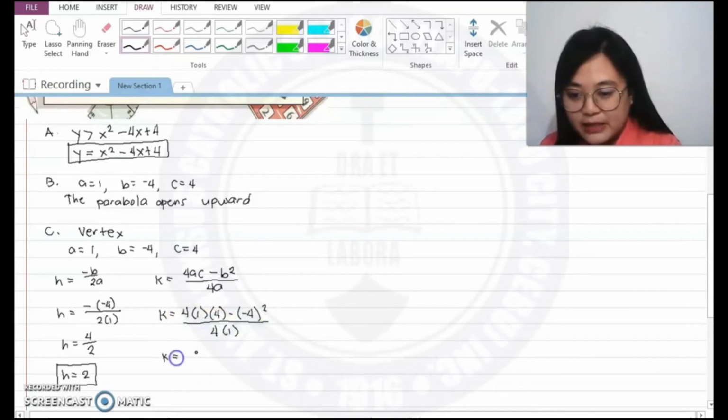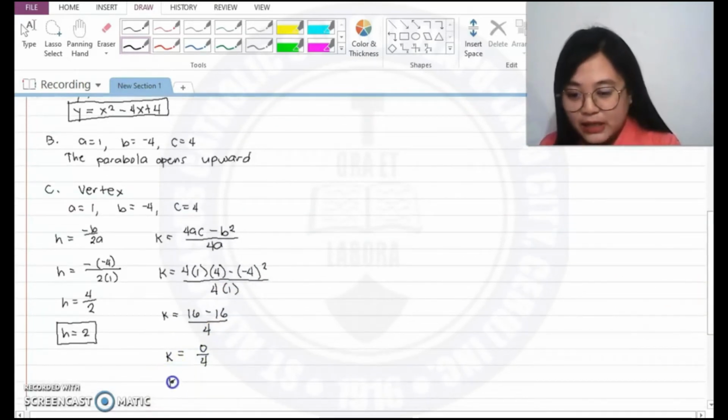That is 4 times 1 times 4, that is 16, minus negative 4 squared, that is also 16, over 4. That would be 16 minus 16, that is 0, over 4, and the answer is 0. Therefore, the vertex is 2, 0.